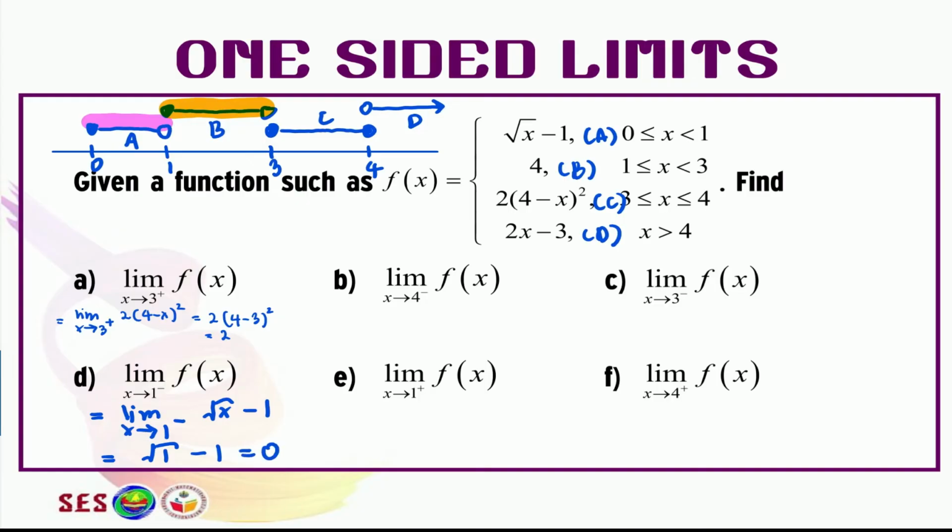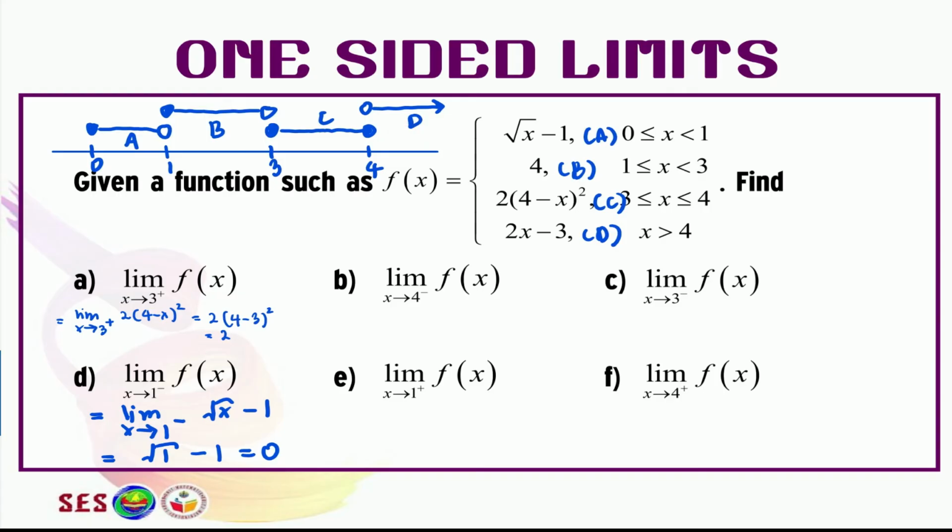Alright, I'll show you B and then you can try the rest of this by yourself. In question B, we want to find the value of f(x) when x is approaching 4 from the left. So between function C and function D, which one should we use? That's correct.